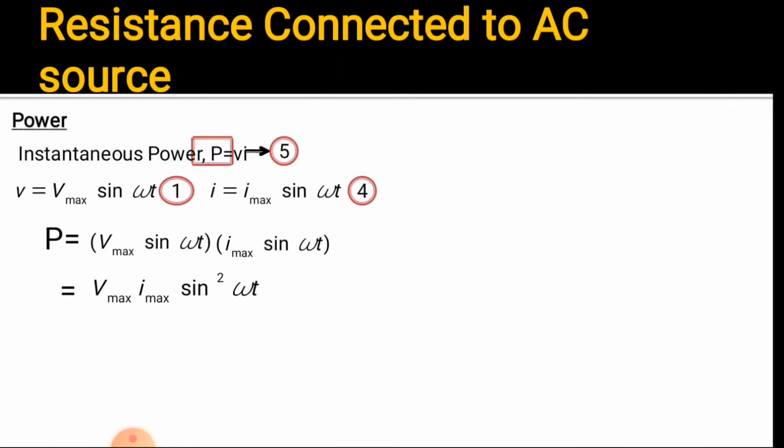Here, we write sin²ωt as (1 − cos 2ωt)/2.